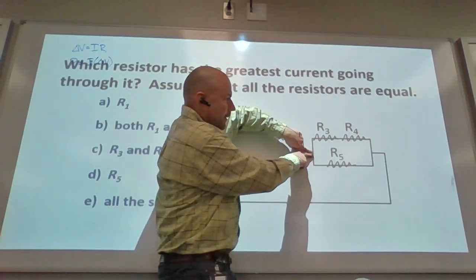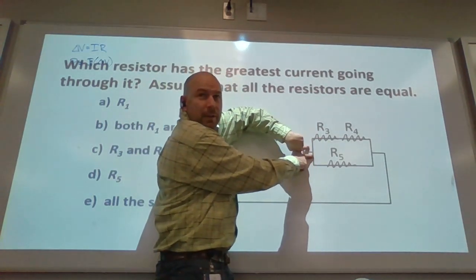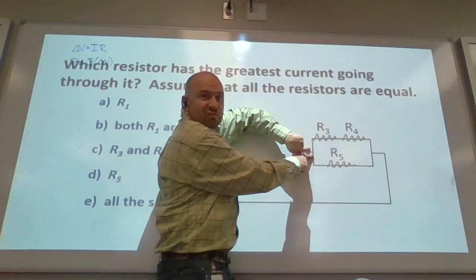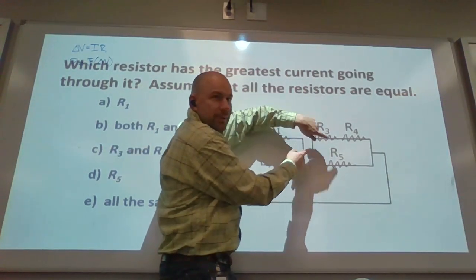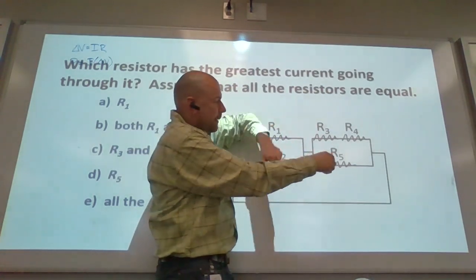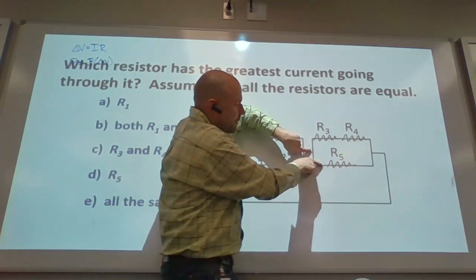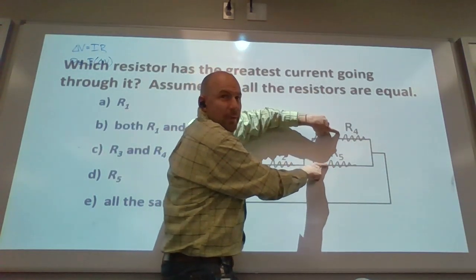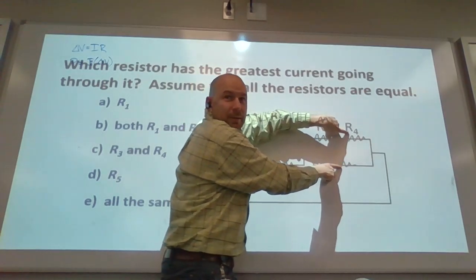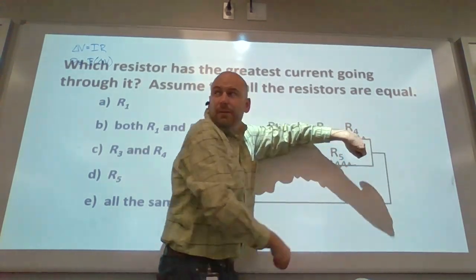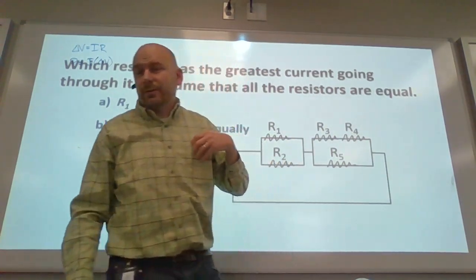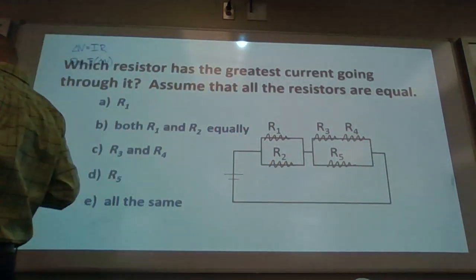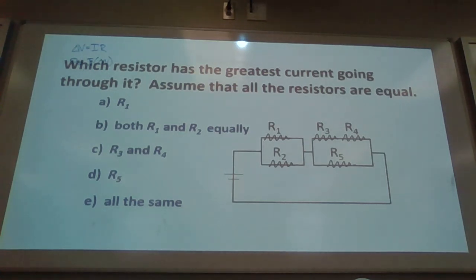When it hits here, there's more resistance this way, therefore less current goes this way, more current goes this way, making these numbers up. Let's say 1.5 goes this way and 0.5 goes this way. That makes sense? Okay, so the correct answer is R5.